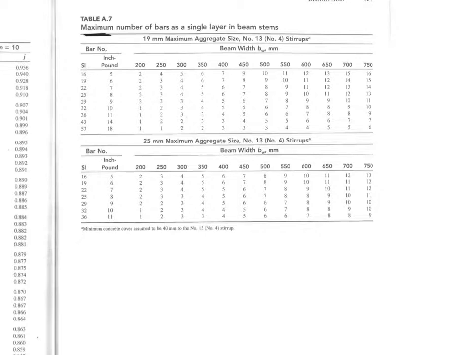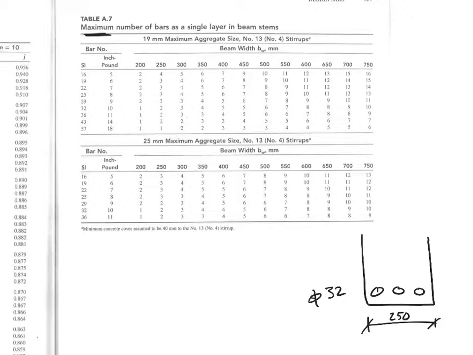Which means, I will give you, for example, a section that looks like this, and you have those bars. Say, for example, this is phi 32, and your stem width, which is B, is equal to 250. You understand? I'm giving you 3 phi 32 and a 250.